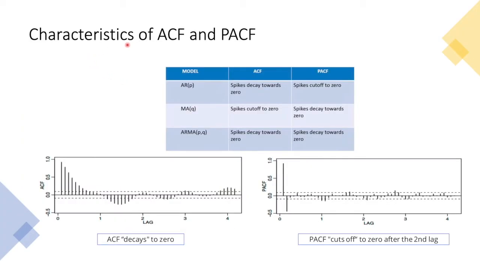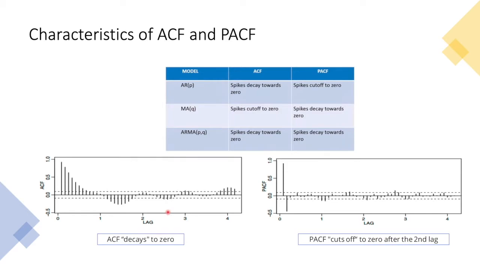So here's the characteristic of those two functions, ACF and PACF. Here are some rules that can help us determine the value of P and the value of Q from the graph.